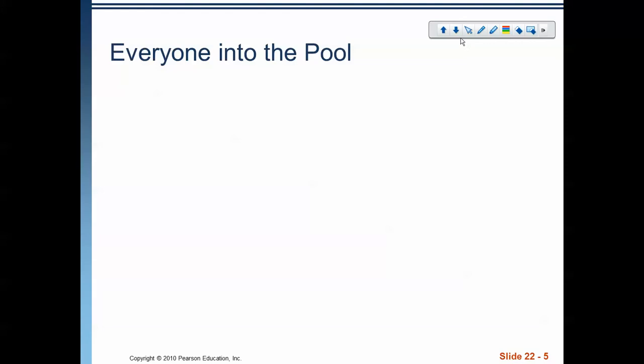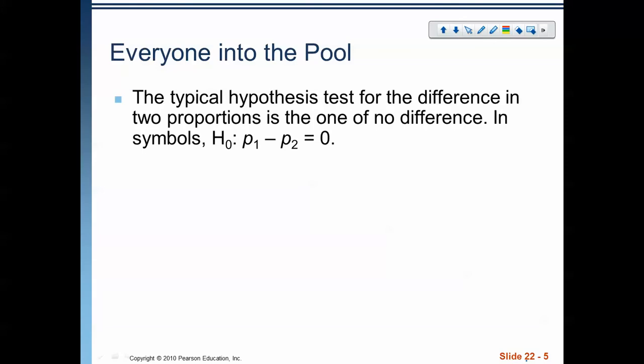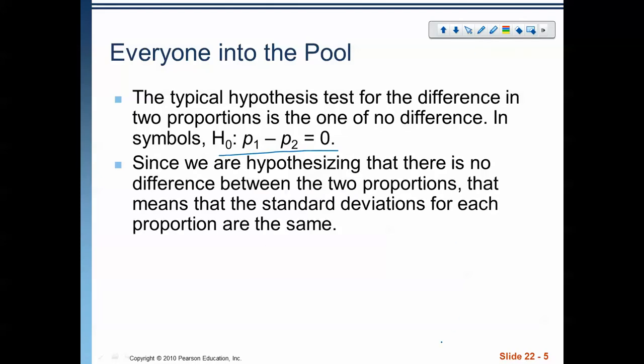One other thing is that our typical hypothesis for the difference is going to be that there is no difference at all, right? Null hypothesis: no difference between the two proportions. Our alternative hypothesis will typically be that there is a difference, either by saying that one is greater than, one is less than, or one does not equal 0.